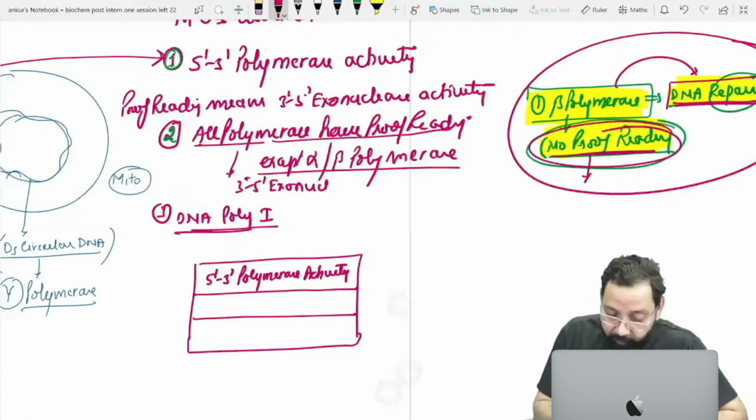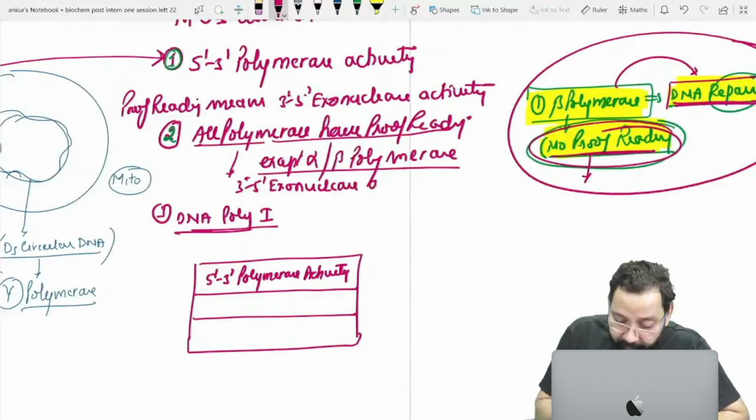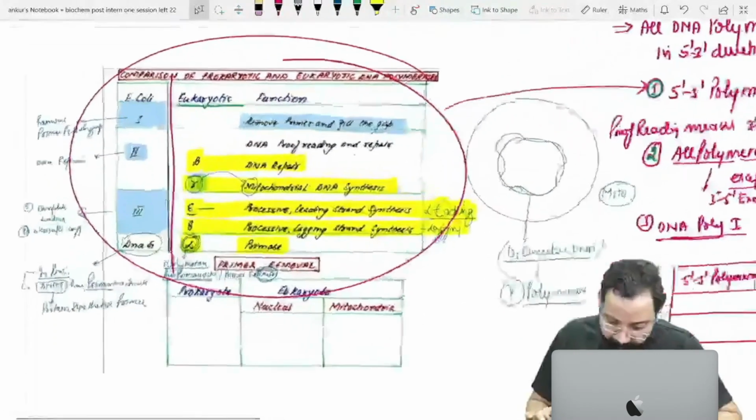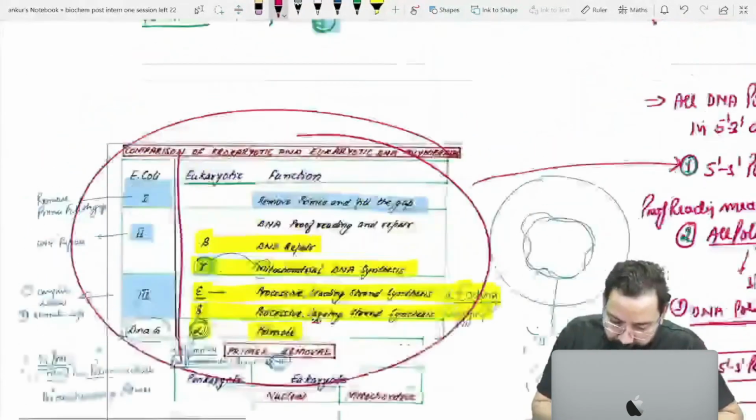Proofreading means 3 to 5 exonuclease activity.